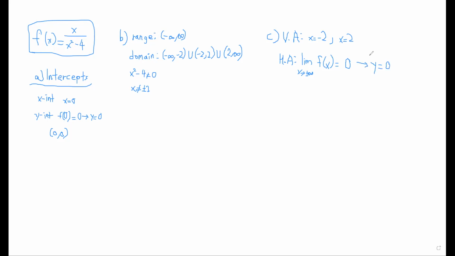Now let's take a look at the behavior of the graph as it approaches each component of the asymptote. Behavior will be down here. Okay, so let's take a look at the horizontal asymptotes first.